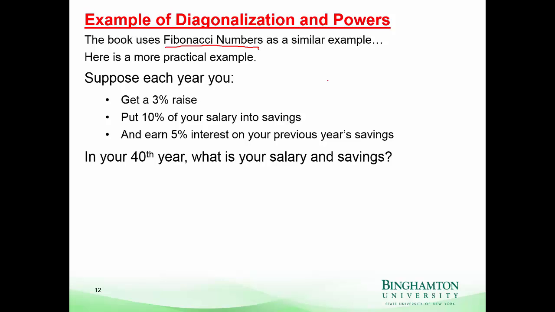It's not quite an ECE example, but you're going to be working, so you'll be earning a salary, and you'll want to retire at some point and send some kids to college maybe, or buy a house. So you're going to have a savings account or some sort of savings vehicle.